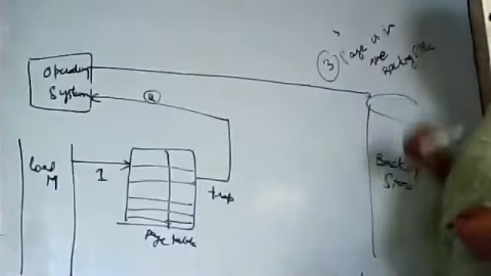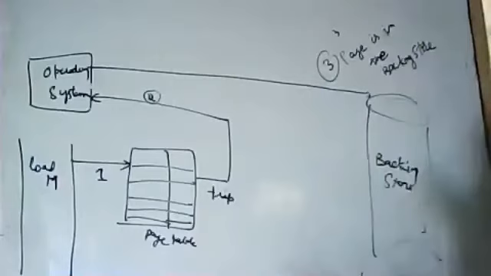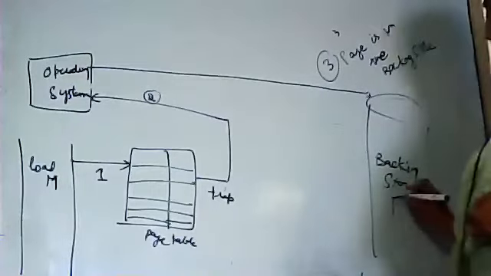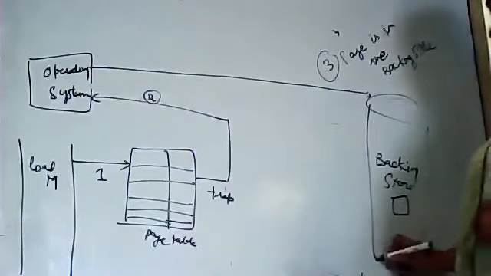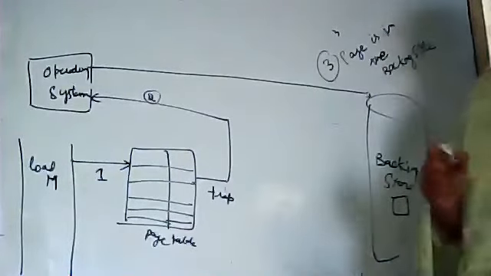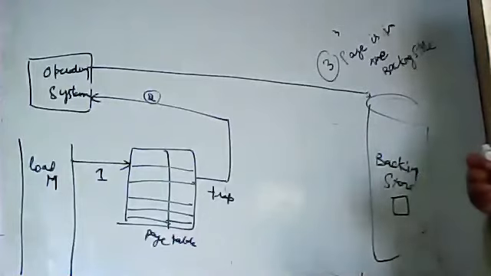That's the third step. We need to bring that page. Suppose the page is lying here; this is the page we require, on the backing store. We bring that page into the physical memory, into the free frame.